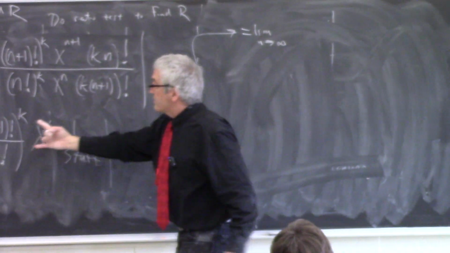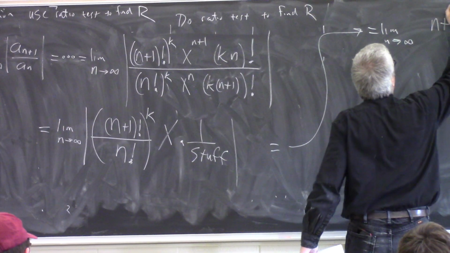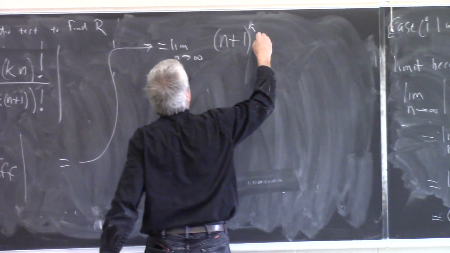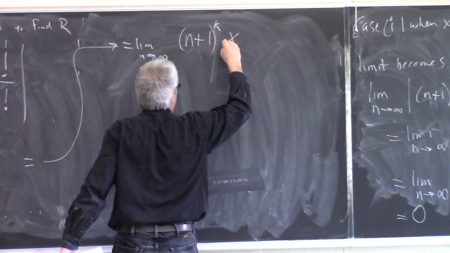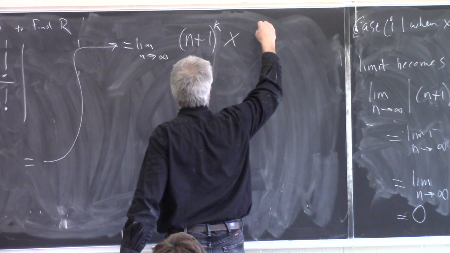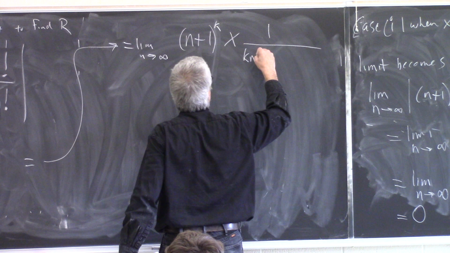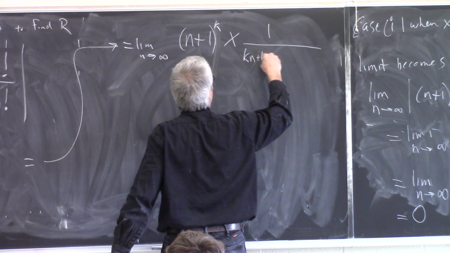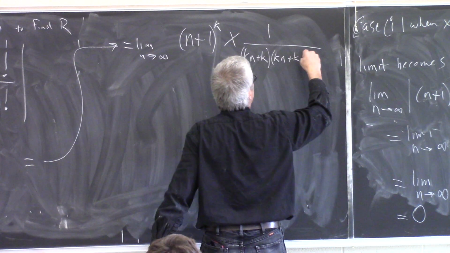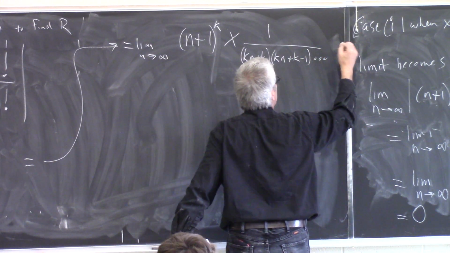So the n plus 1 factorial over n factorial gives us n plus 1 in the cancellation, but that's inside parentheses, so it's raised to the kth power. And then this is x. And then what have I got over here? I've got 1 over kn plus k, kn plus k minus 1, dot, dot, dot.